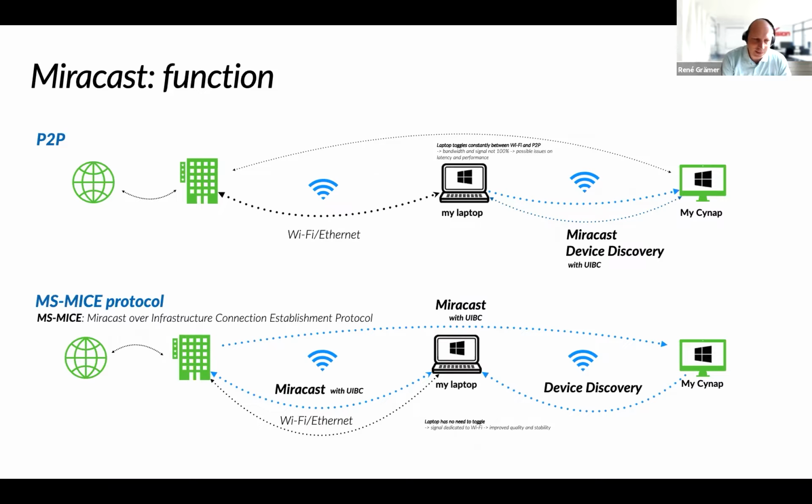It could be further depending on the antennas, on the position of your Cynap, the position of your laptop. But as a rule of thumb, it's just 7.5 meters. That's a max distance. That means you cannot walk up to the second level and start a Miracast when your Cynap is actually in the basement.